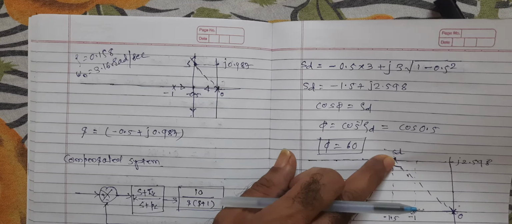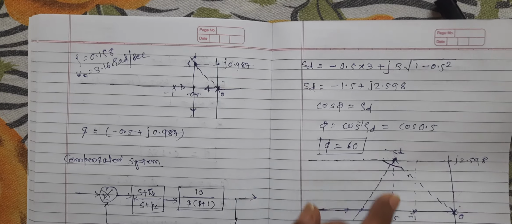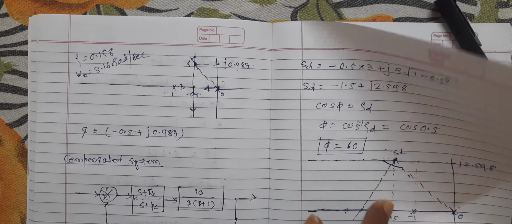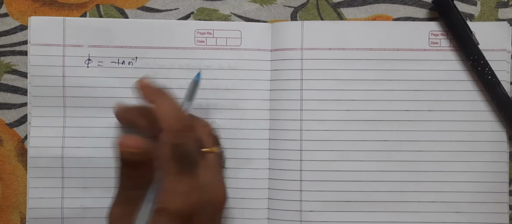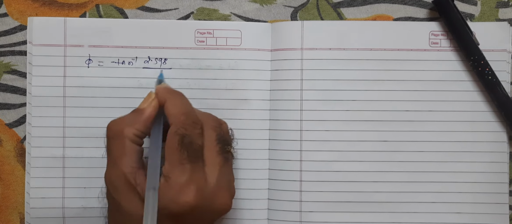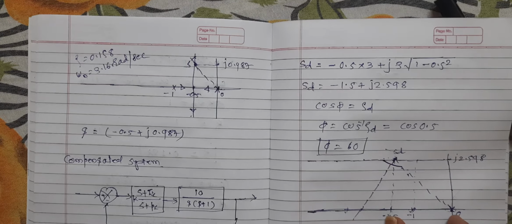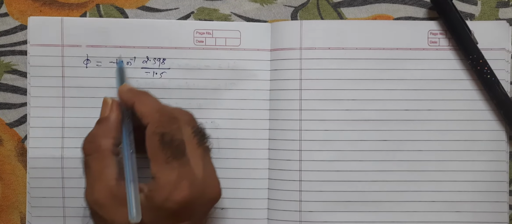The y-axis coordinate of this point is 2.598, and this forms a right angle triangle. So we write 2.598 divided by -1.5, because here -1.5 to 0, the value becomes -1.5. So this is the one value.